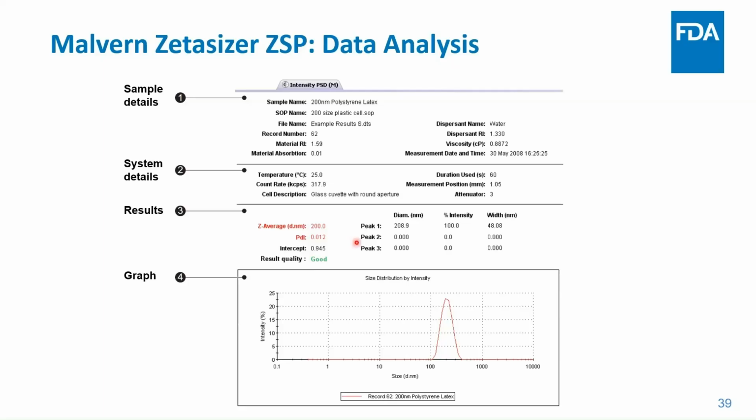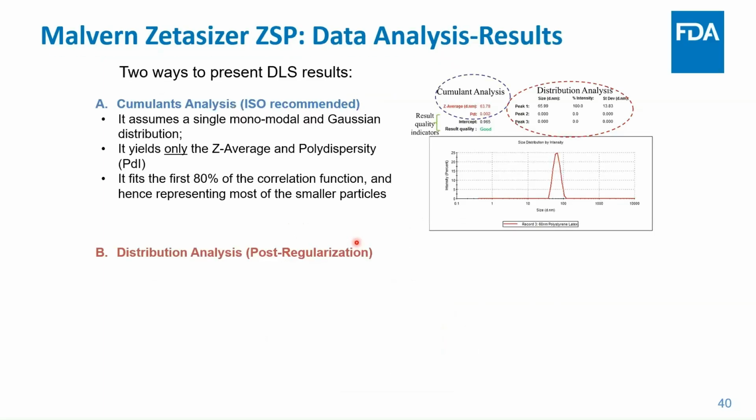So cumulant versus distribution. I always say, you know, cumulant is really only good for monodispersed things.